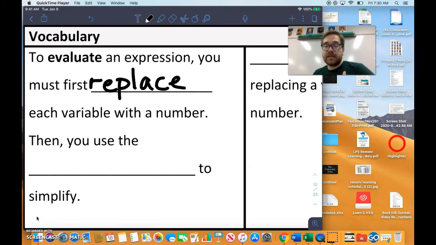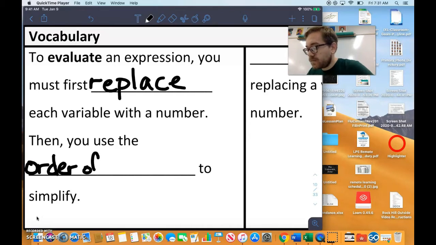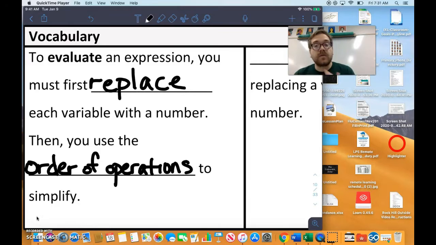And so in this lesson, we'll be looking at expressions, remember, that involve numbers, variables, and operations, and we'll be taking out variables and putting in numbers to simplify, and that's the process of evaluating. And once we've done that, once we have replaced a variable with a number, then we use the order of operations to simplify. So just like what we learned in the last lesson, except we'll have to start by plugging in a number for a variable.